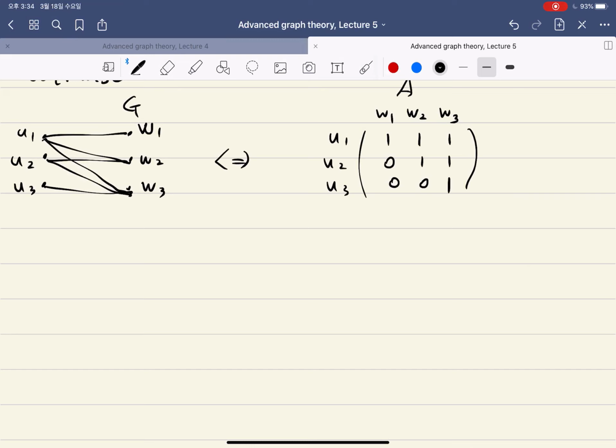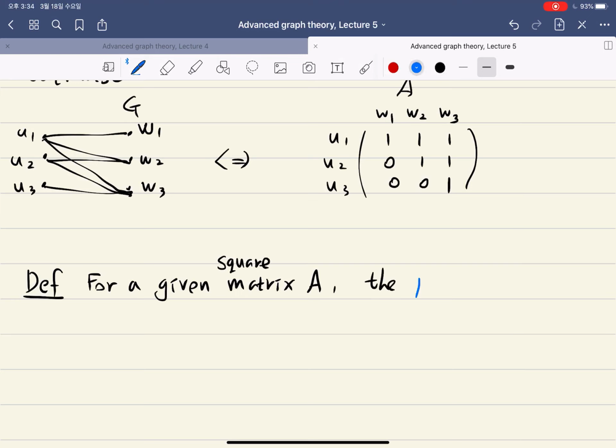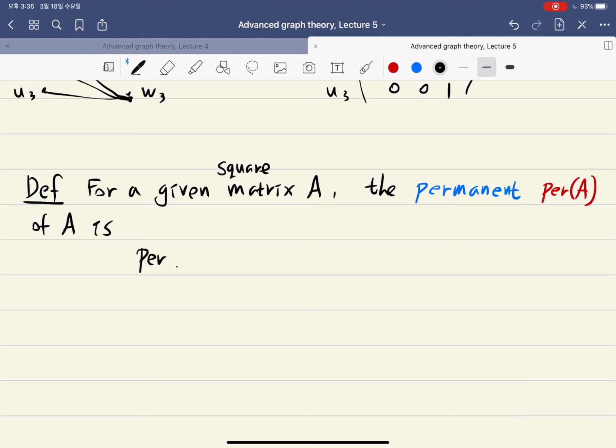In here, we can consider some parameter which is called the permanent of this matrix A. For a given matrix A, let's say a square matrix, the permanent, let's write per A, of A is defined as follows.